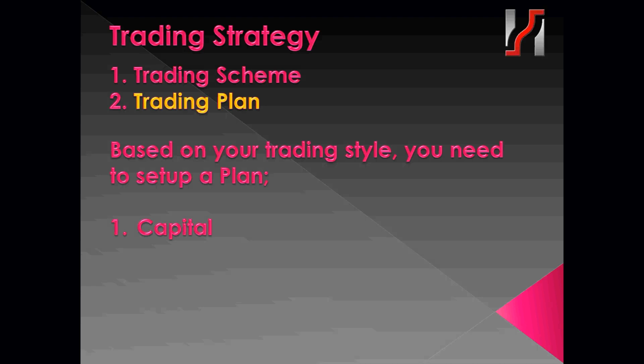Okay, for the capital, you need to decide for yourself how much you are willing to invest and how much you are willing to lose in this particular area. So you need to work out your risk and reward ratio.